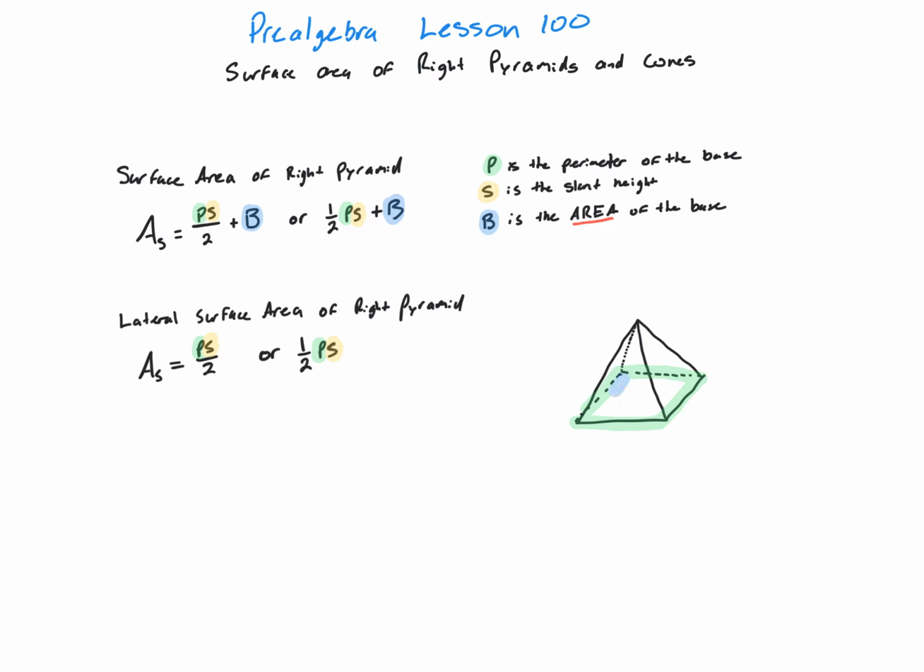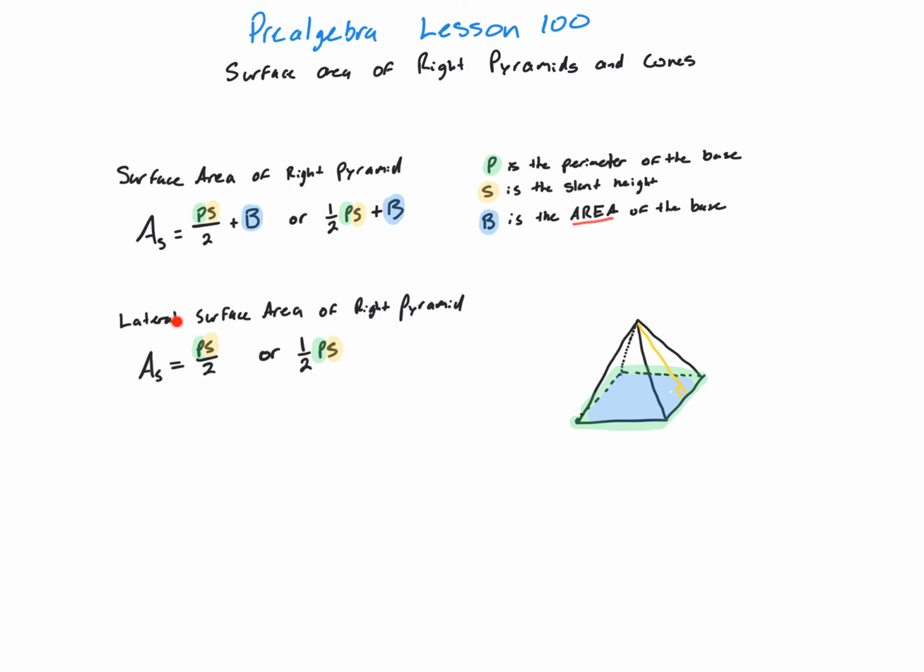The base itself would be the area of this, in this case, a square, down here. And then that S is the slant height, which is how far it is, perpendicular to the base, up the side of that pyramid. So if you were to run up the side of it, it's how far you would run.